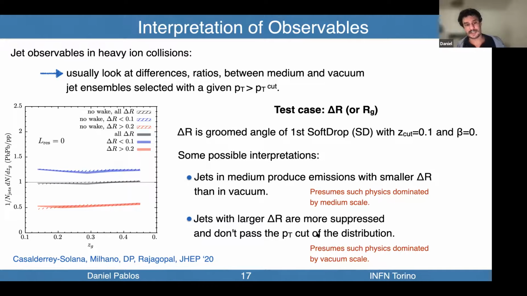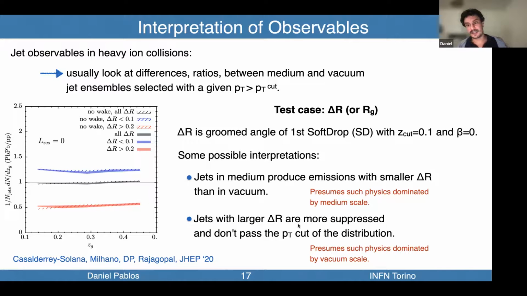Another interpretation is that jets that have a larger delta R, which has been defined in the very same event where the quenching takes place, are more suppressed and don't pass the PT cut of the distribution.